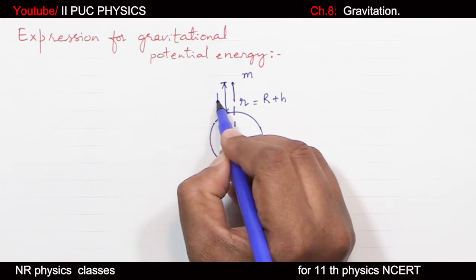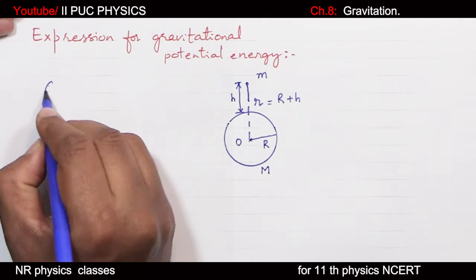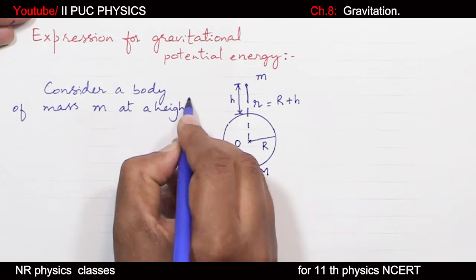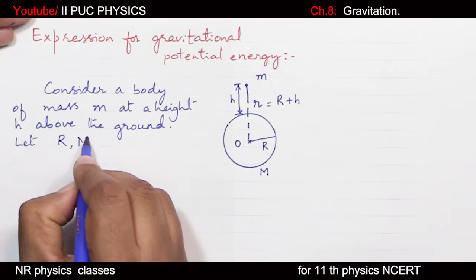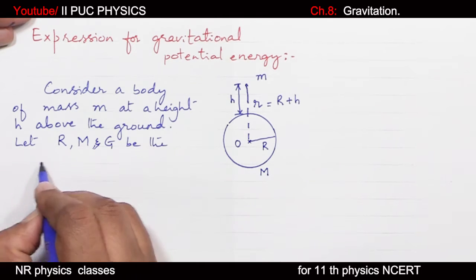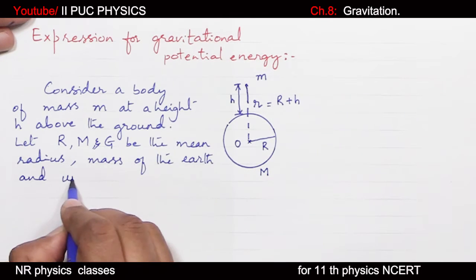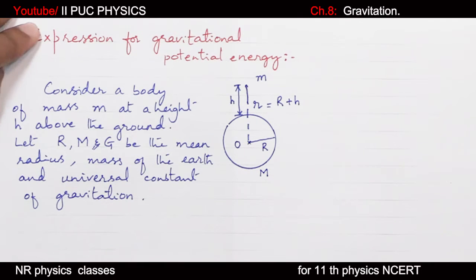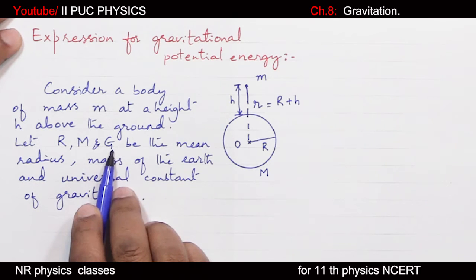So for time being, let us use r. Mean radius of the earth, mass, and universal constant of gravitation respectively.